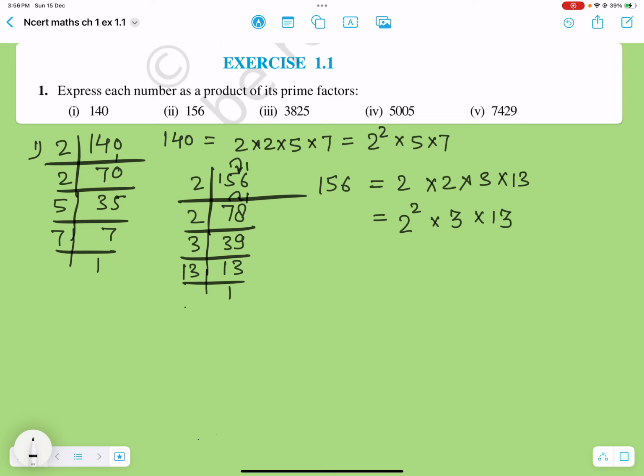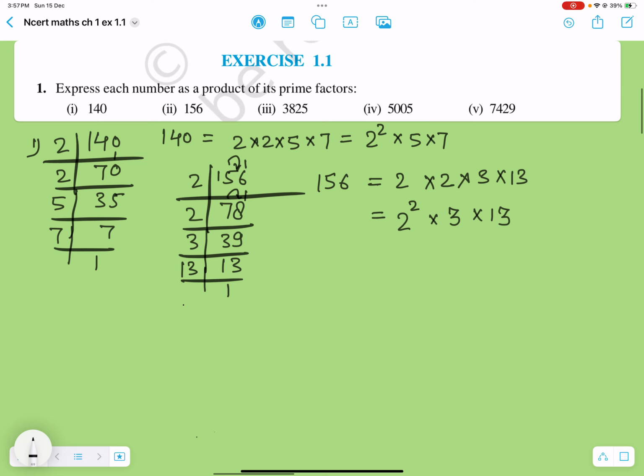All right, students, let's attempt the third number, that is 3825. So 3825, because we know the unit place digit is 5, it won't divide by 2.